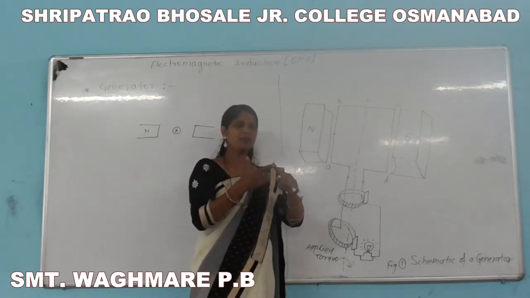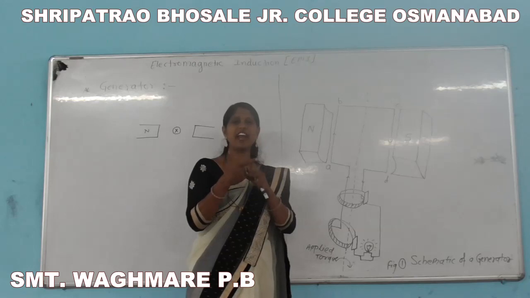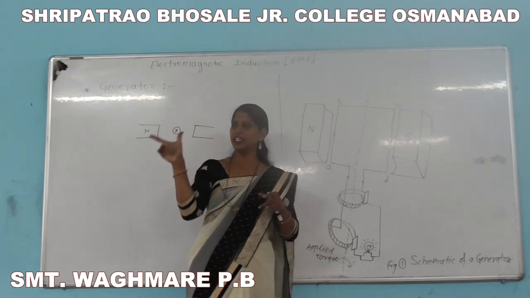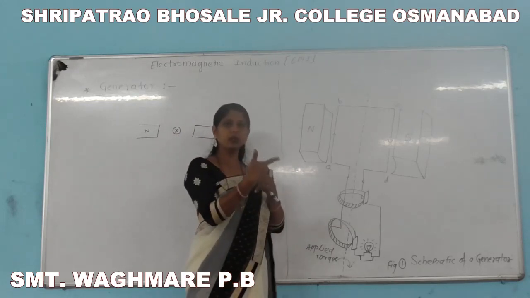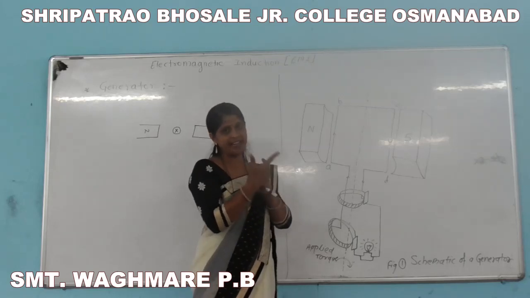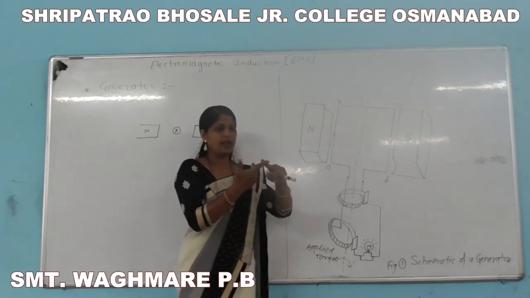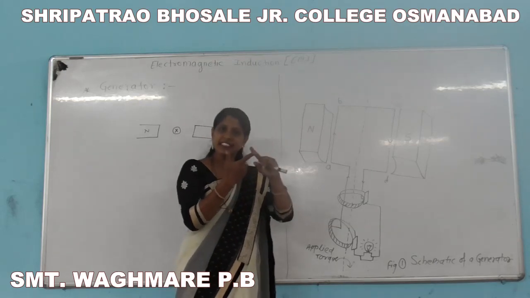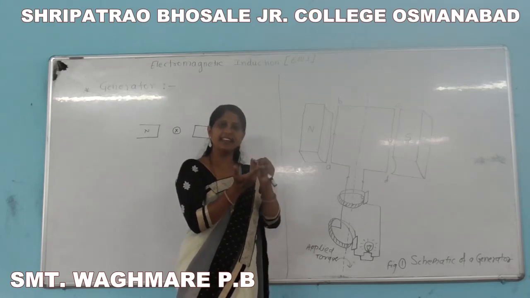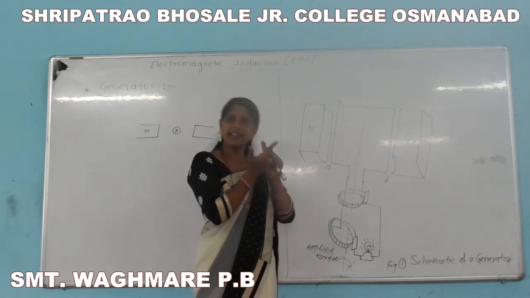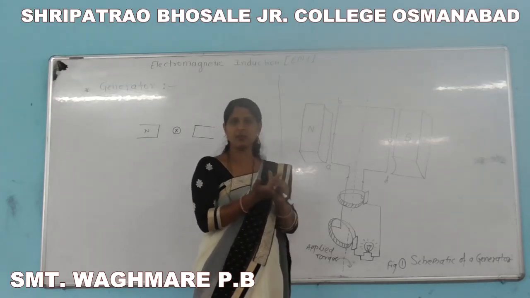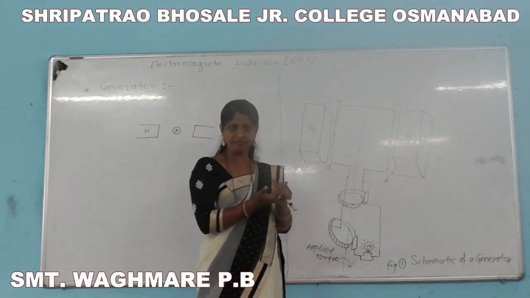Stretch the thumb, forefinger and middle finger of the right hand in such a way that these fingers are perpendicular to each other, like this. The thumb is stretched in the direction of force. Then the forefinger is stretched in the direction of the magnetic field, and the middle finger will indicate the direction of current or induced current, or we can say the direction of EMF.